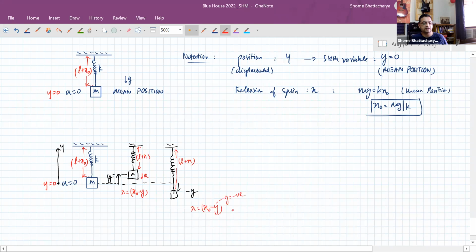So x is greater than x0. So it will have an upward acceleration.